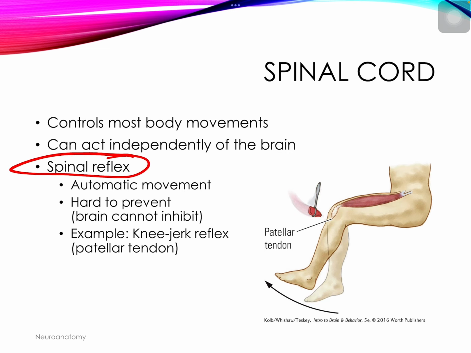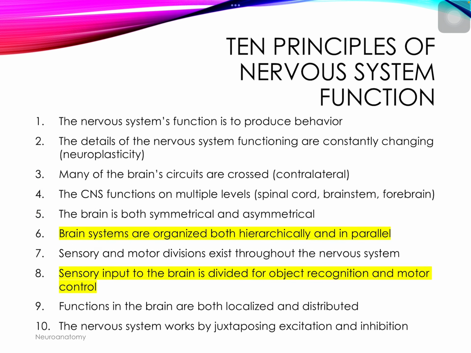This is an automatic movement, this is any kind of knee-jerk reflex, anything that you do without thinking. This is something that helps protect us. And this is something that's really hard to actually prevent. So if you tell yourself you're not going to do it and you try to inhibit that response, it's really next to impossible to do that.